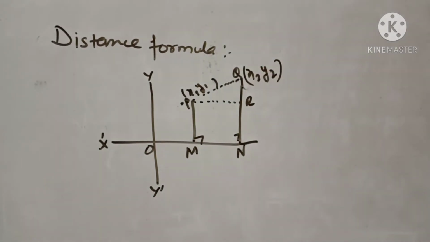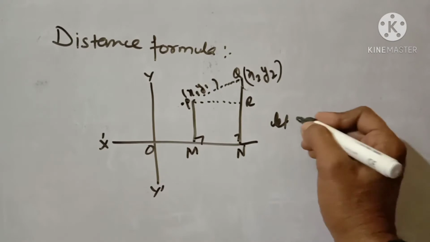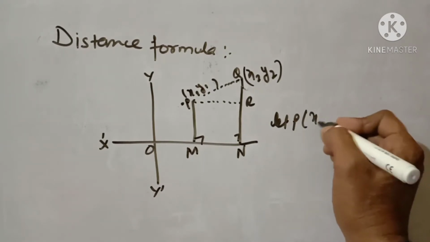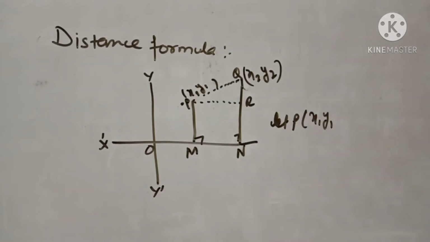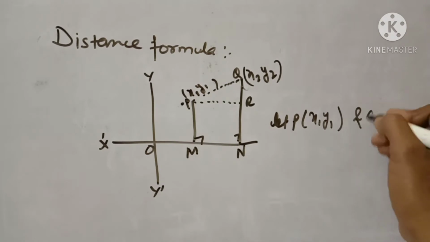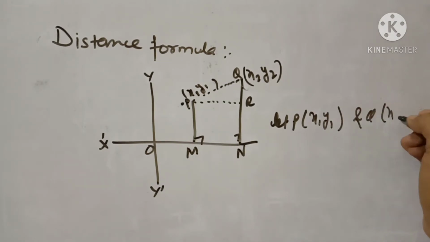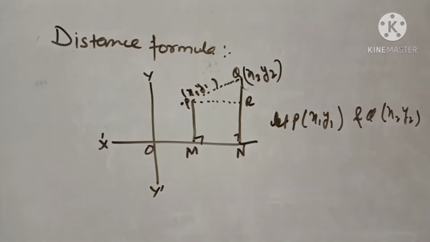Now from here we can write, let P coordinates be x1, y1 and Q coordinates be x2, y2.